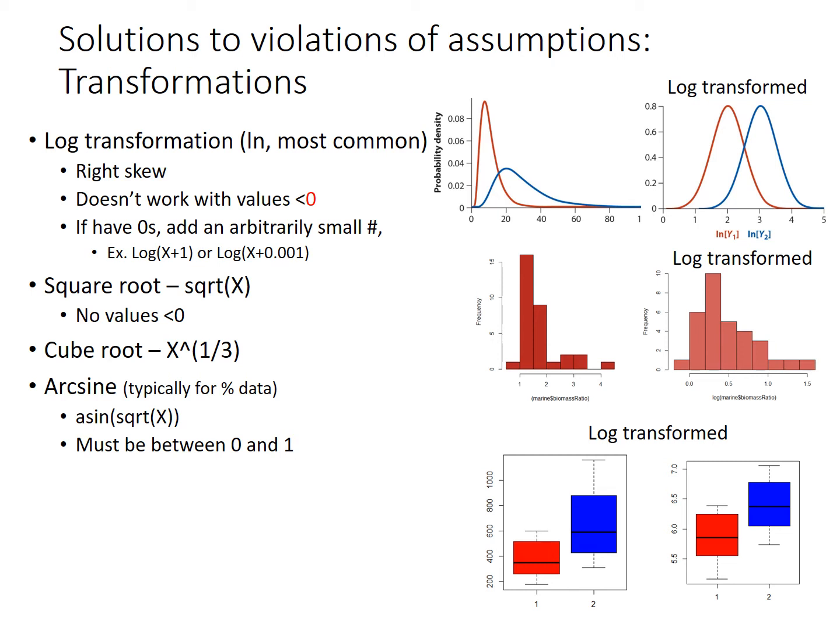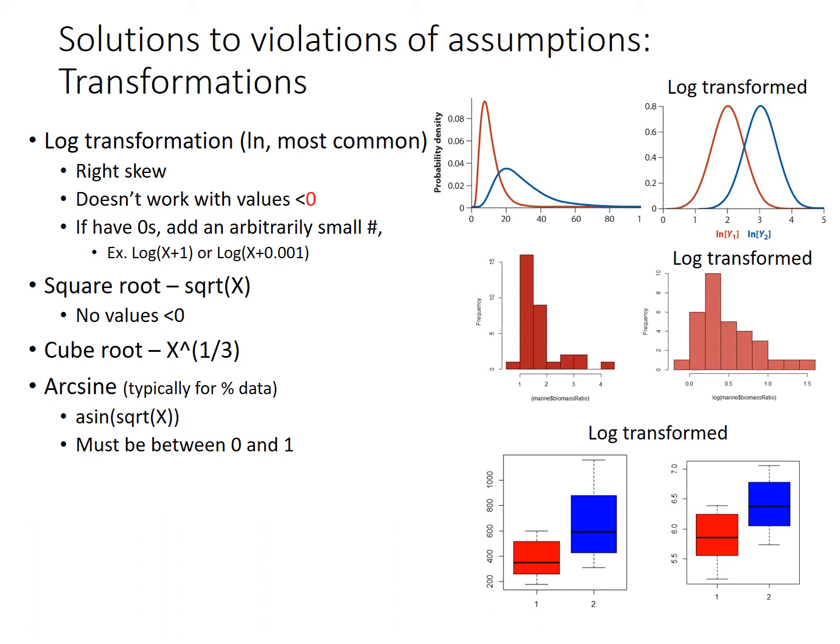And then I just want to call attention to an arcsine transformation. An arcsine was traditionally proposed for proportion data, so like percent data. So your proportions should be between 0 and 1. I'm not going to give you a blanket recommendation that this should be used every time. There's kind of a misconception that this is the transformation to use when you have percent data.